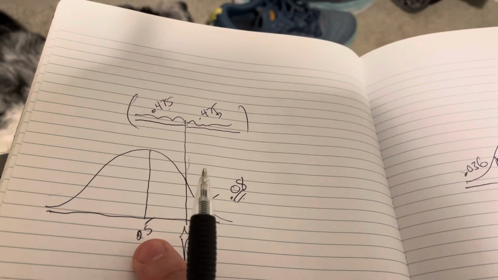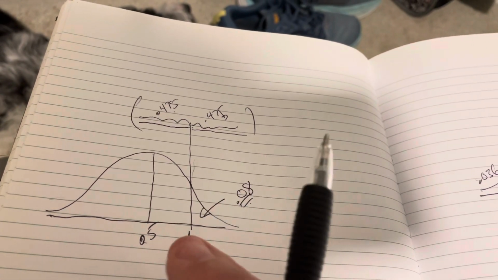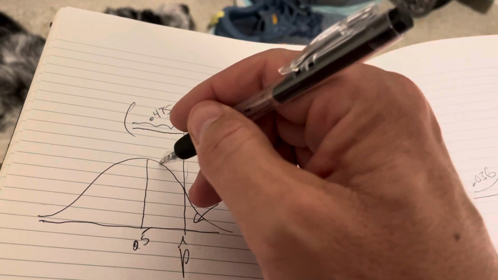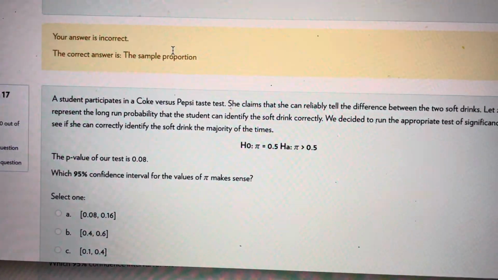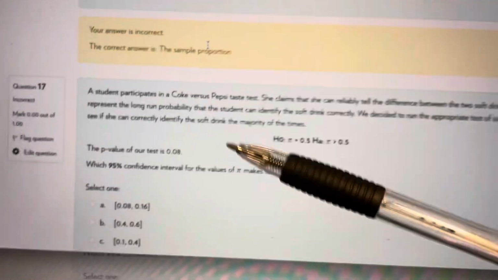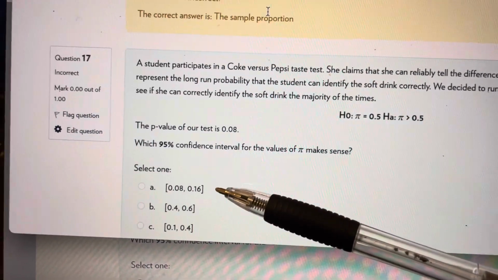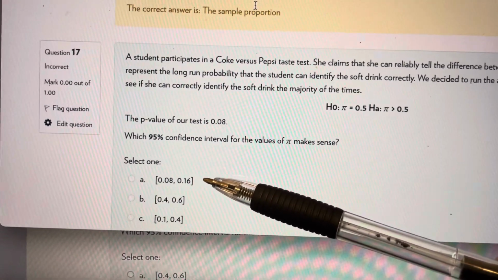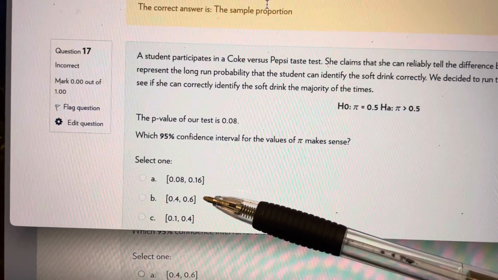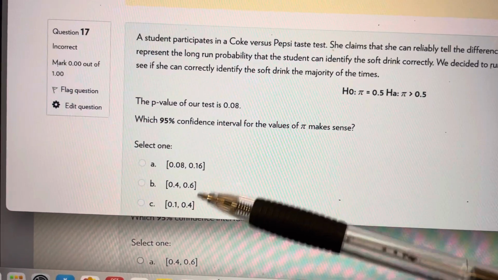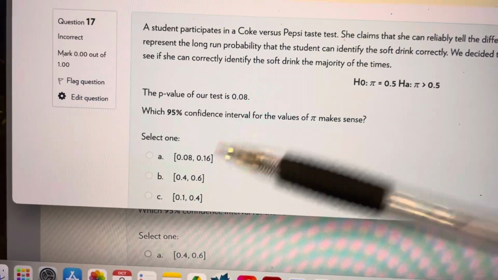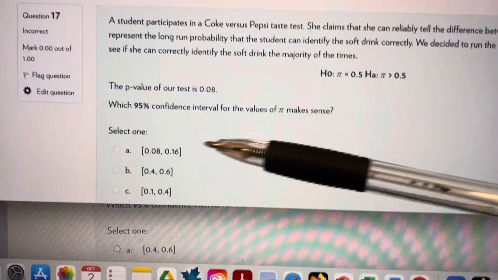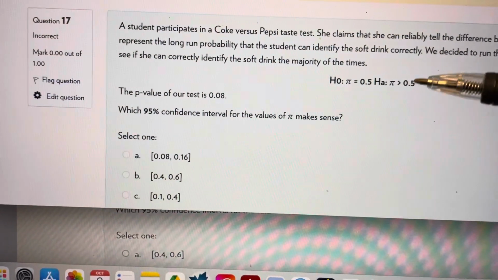So let's travel back over and see which one of the intervals actually covers and contains the 0.5. Okay, so if you look, we have an interval of 0.08 to 0.16. That doesn't cover 0.5. We have 0.4 and 0.6. That covers 0.5. Doesn't cover, and the other one doesn't cover. So this is the one that covers the 0.5. So this one is fitting here.